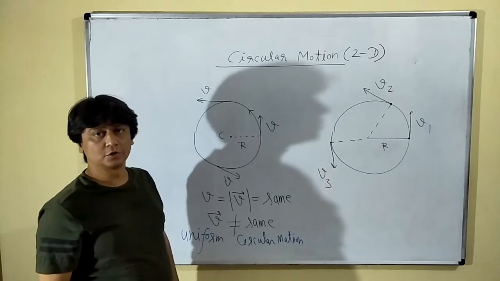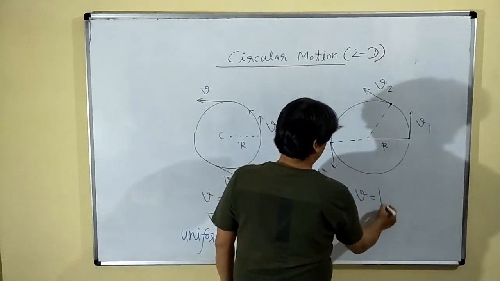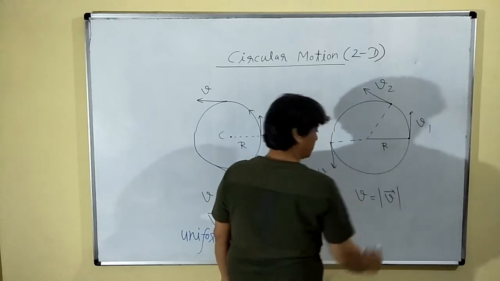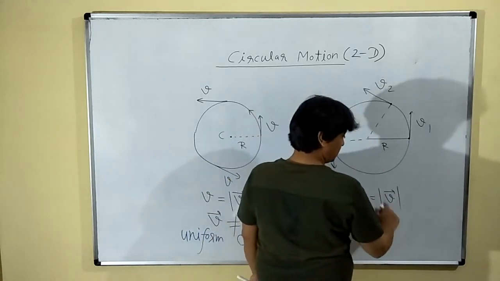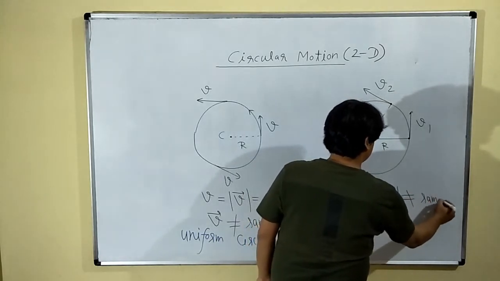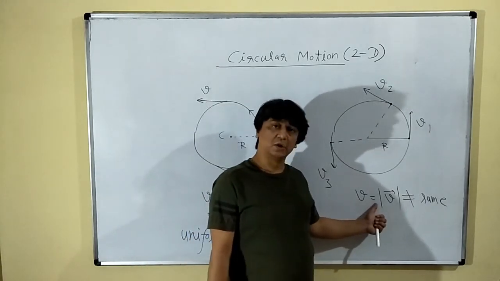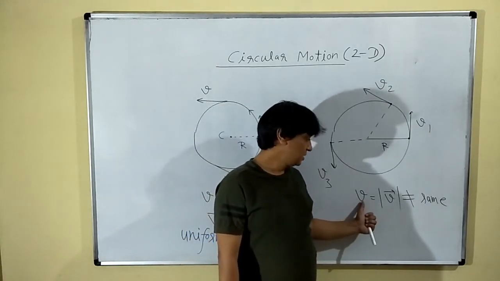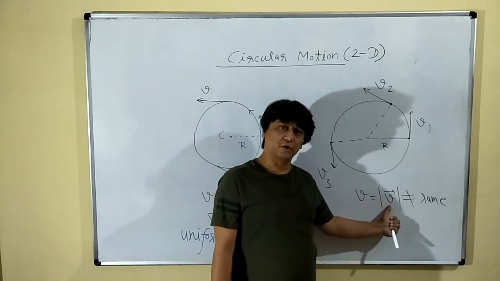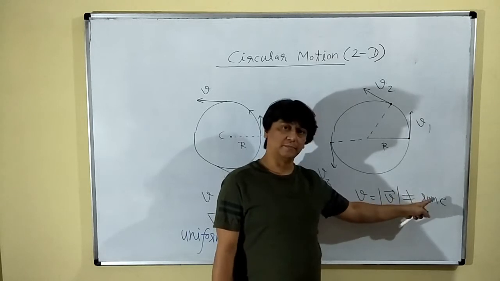The magnitude of velocity is also changing. This thing is also not the same. This equal sign means V is the same as the magnitude of velocity. But this whole thing is not the same.